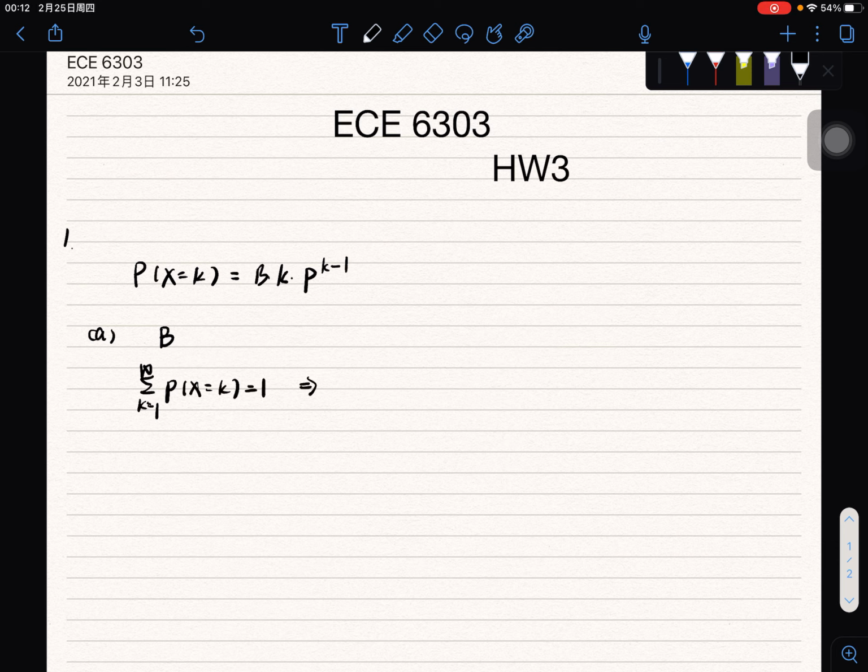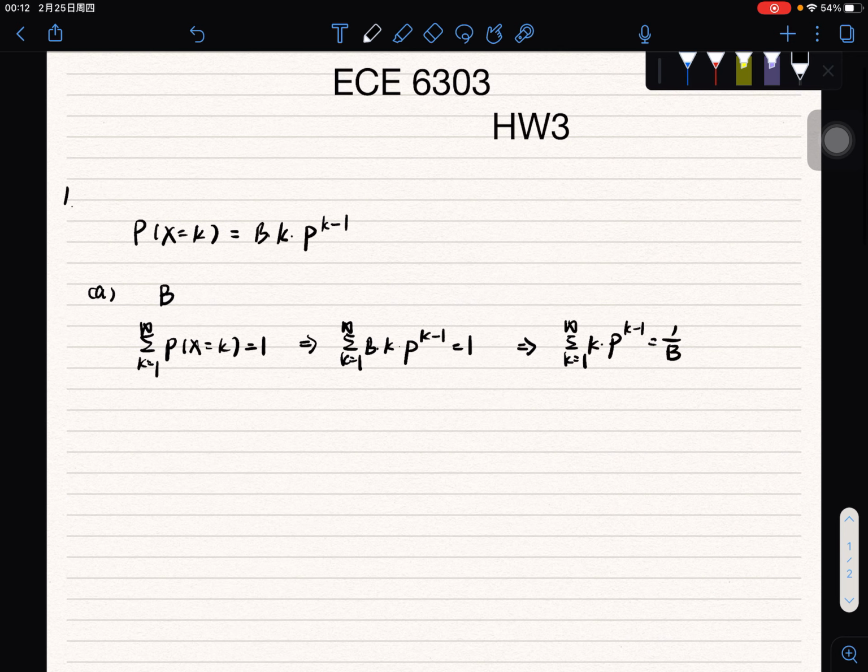Therefore, we will get the summation k from 1 to infinity of b multiply k multiply p to the k minus 1 equals 1. And then we will get the summation of k multiply p to the k minus 1 equals 1 divided by b.